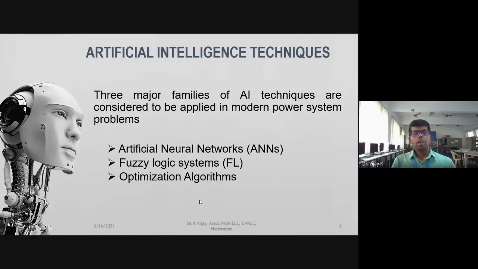Next we'll move on to the artificial intelligence techniques. There are three major techniques, and more than that also, which are interconnected with your power system, so it is easy for solving power system problems. The first one is artificial neural network, next is fuzzy logic system, then optimization algorithms.